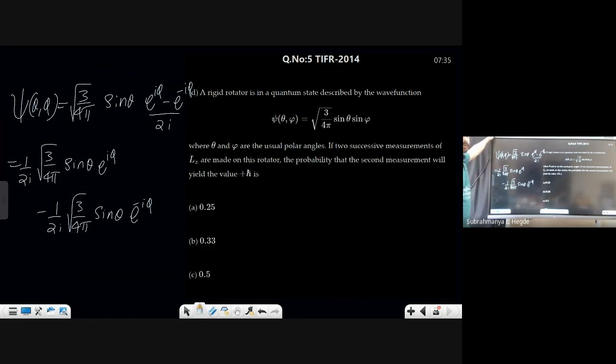Now you need to be careful here. You need to substitute the spherical harmonics with the normalization factor because he is asking for measurement probability.